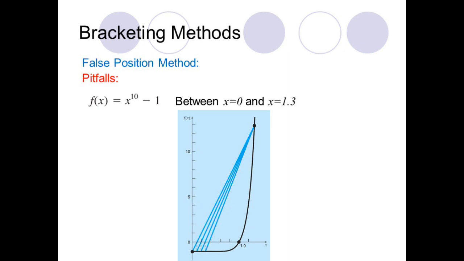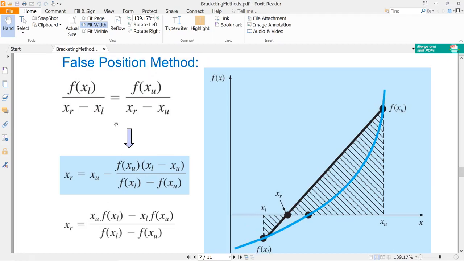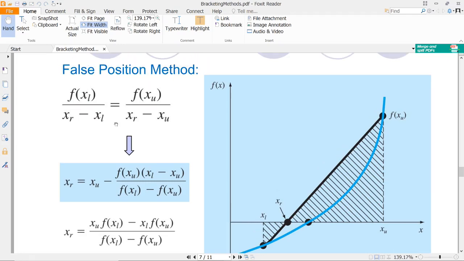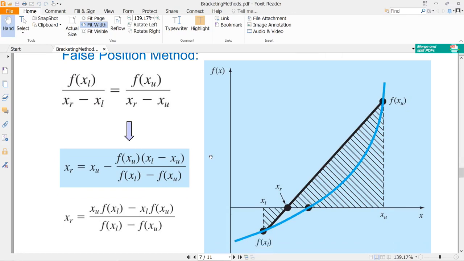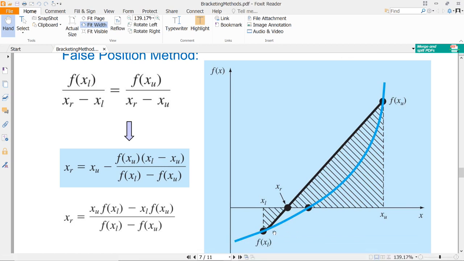Let's modify the bisection script, the bisection method, for the false position. First I will save it with a different name. So I write here false position.